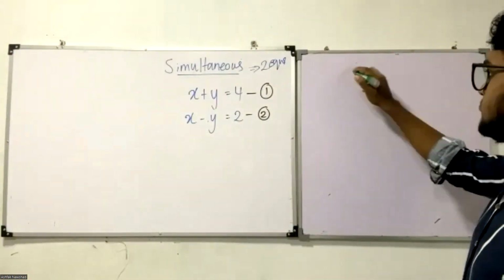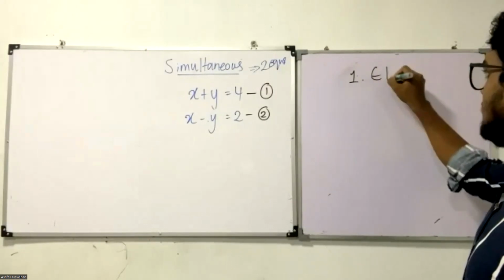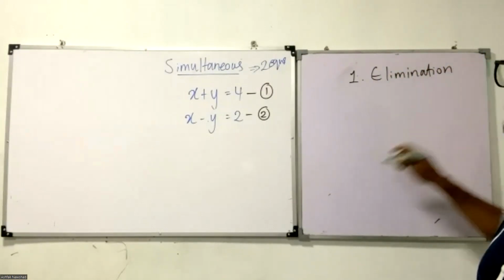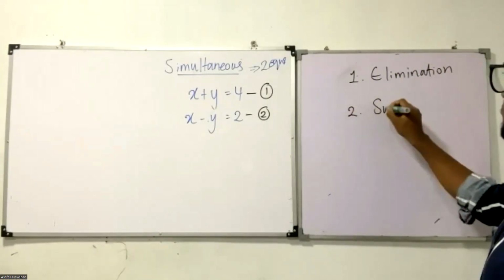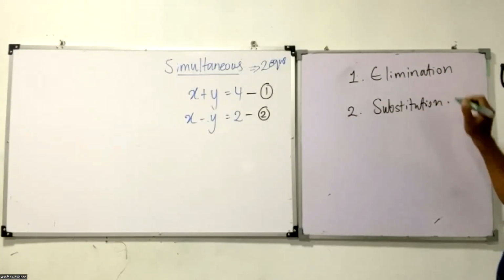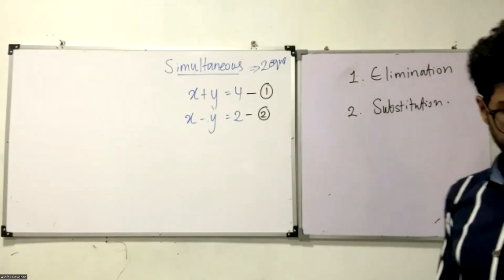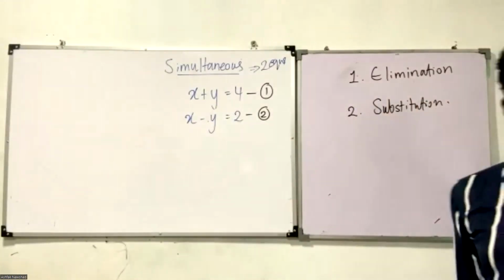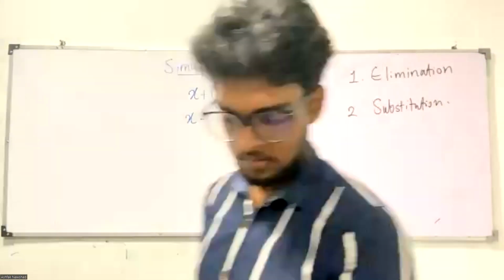The first one is the method of elimination, and the second one is the method of substitution. Let's see what elimination and substitution mean. Do you guys know the meaning of the word elimination in simple English?